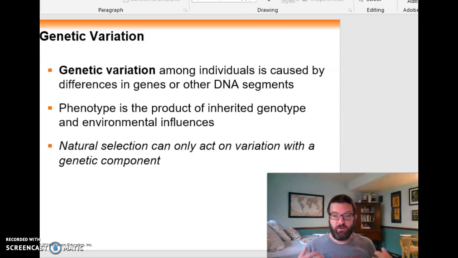But now we know that the variation in heritable traits is caused by genetic variation, right? Differences in A's and T's and C's and G's, in particular segments of DNA that you find in individuals. Natural selection can only act on existing variation. So you have to have a way of getting variation into the population.